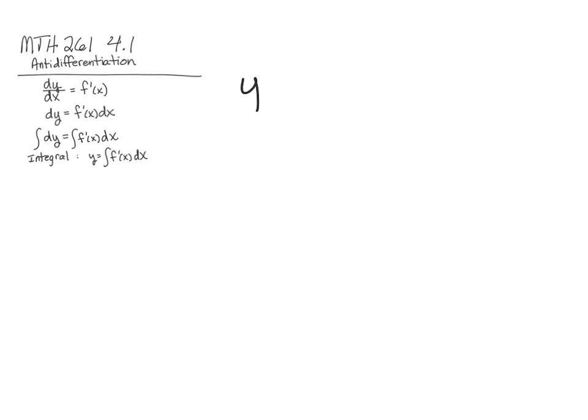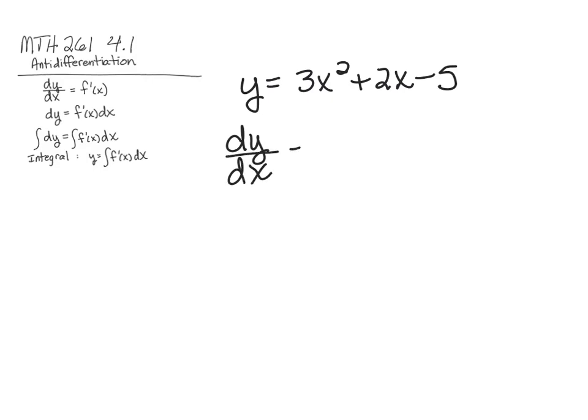If we know that y is, let's say, 3x squared plus 2x minus 5, and we took the derivative of this, what did we do? Well, first we multiplied the power.